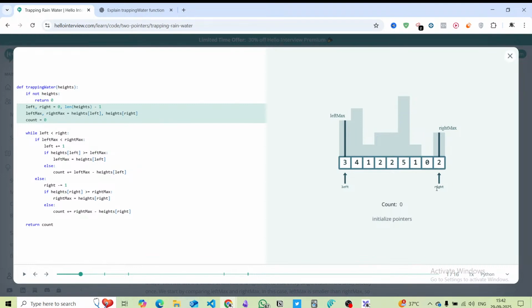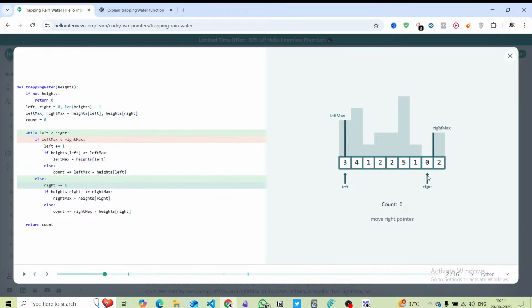If it's not, we decrement the right to the below indexes. So the right will move on. And then we check whether the right here, the 0, is greater than 2. So the right max is at 2, right? So we just check it out.